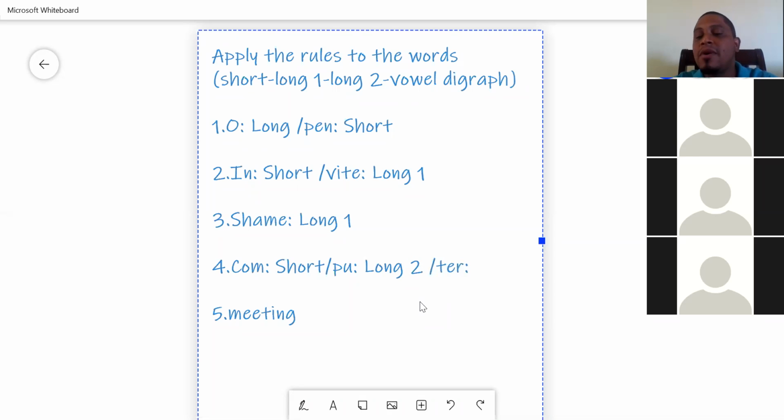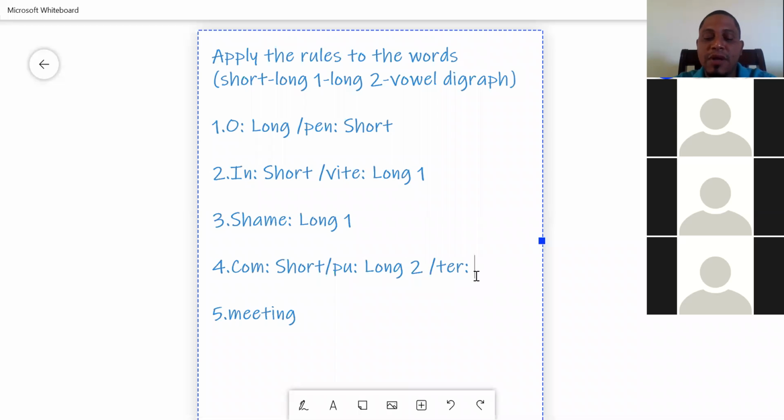We apply the long vowel rule number 2. It says that when you have a vowel at the end of the syllable or the word, if it is monosyllable, the vowel has the long sound. That's why we say pew and not poo. We don't say computer with a short u.